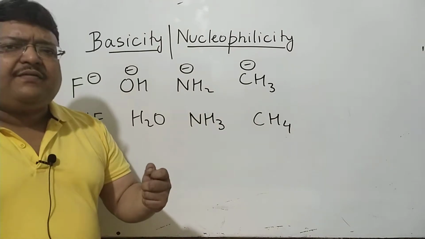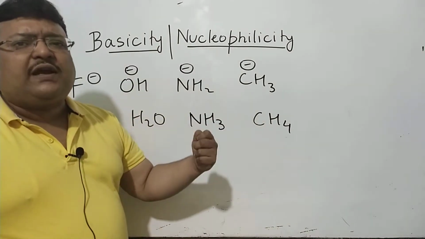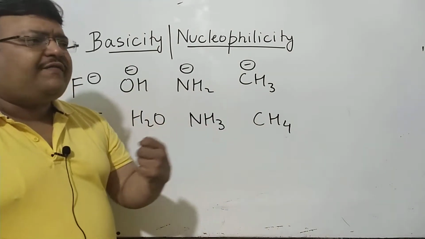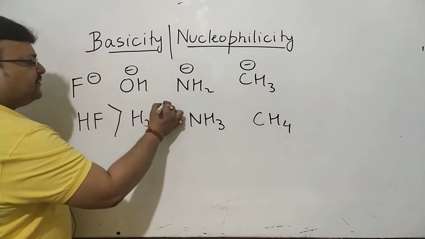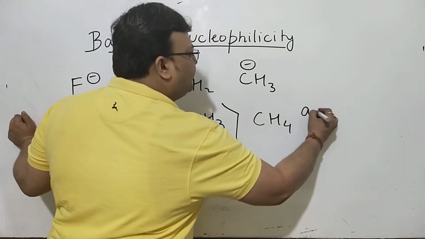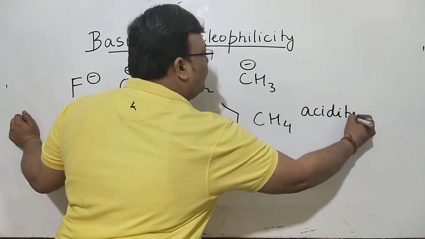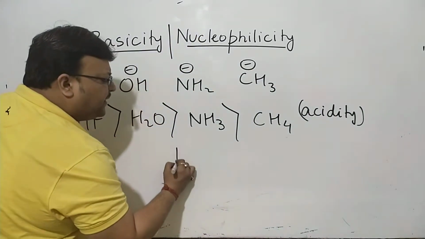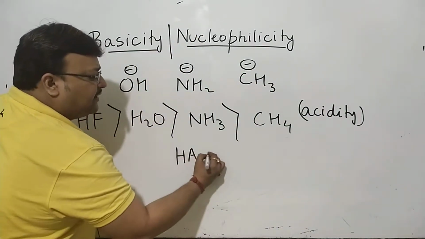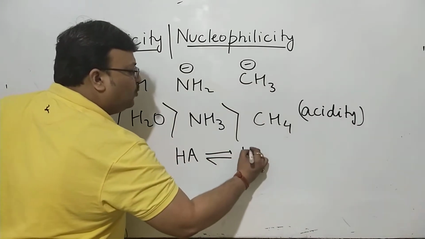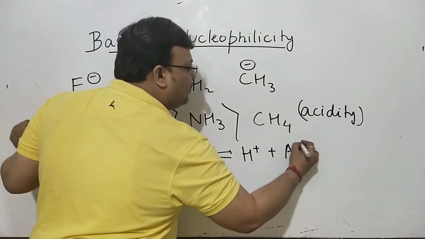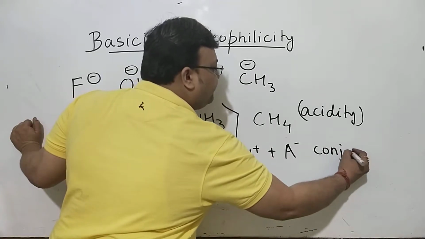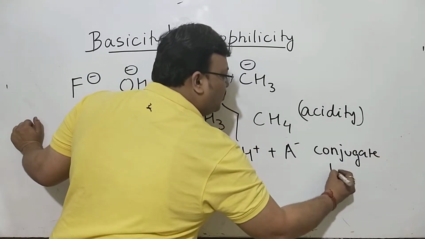Finding the order of acidity is simple: left to right, electronegativity increases, acidity increases. So this has to be the order of acidity. And I've told you umpteen times, if this is an acid losing H plus, and if this is the corresponding conjugate base, I call A minus the conjugate base.